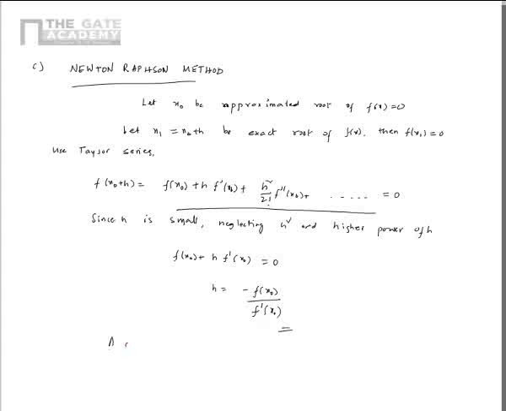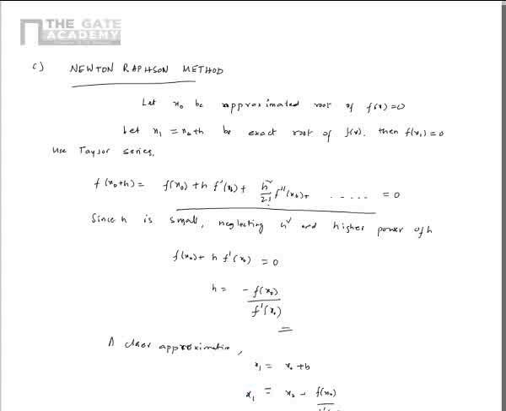So a closer approximation, when you cannot say that this h is exact, so obviously x naught plus h will not be exact, but it will be a closer approximation. So the closer approximation x1 is equal to x naught plus h, which is x naught minus f x naught by f dash x naught. Okay, so this is the closer approximation.